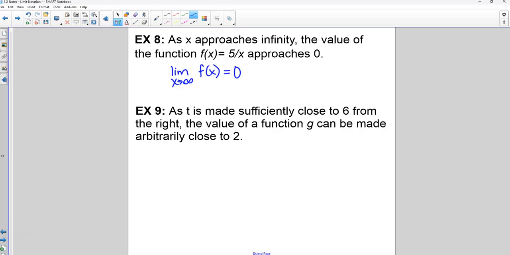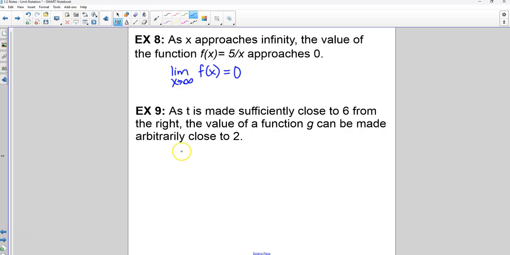And then our last one, as t is made sufficiently close to 6 from the right, the value of a function g can be made arbitrarily close to 2. Now, this one doesn't use x's. What letter are they using instead of an x?